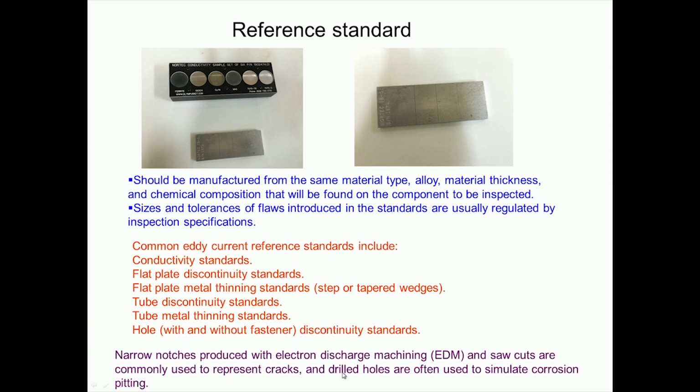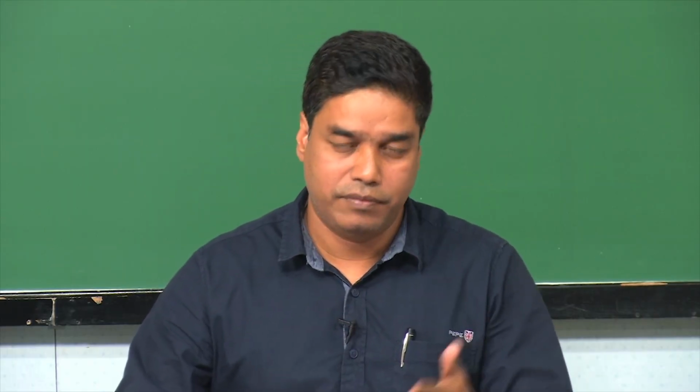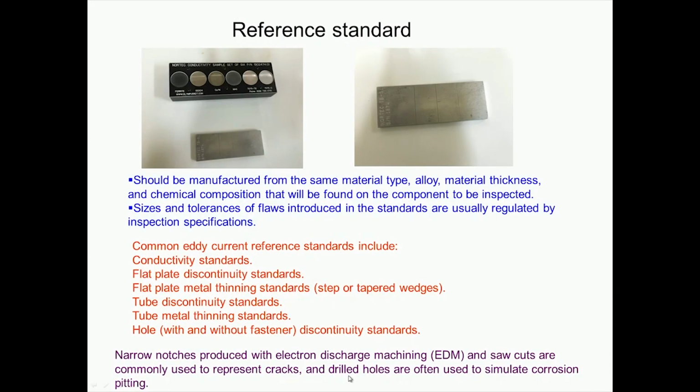So, for those kind of standards used for calibrating the instrument before inspecting corrosion damage and defects due to corrosion, you should have these drilled holes, as I said, which will represent the corrosion pits. They have to be drilled again precisely on the surface to simulate corrosion pitting.